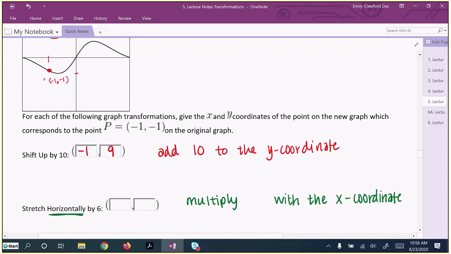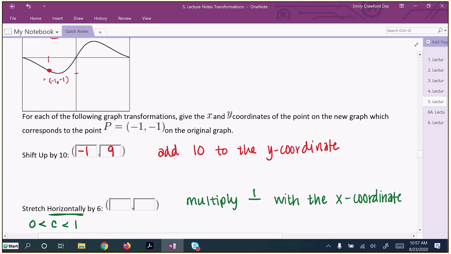Stretch means to make something bigger, so we would think that would be a number bigger than 1. Since it's counterintuitive, that should be a number less than 1. So we're looking for a number between 0 and 1 that would result in stretching horizontally by 6.